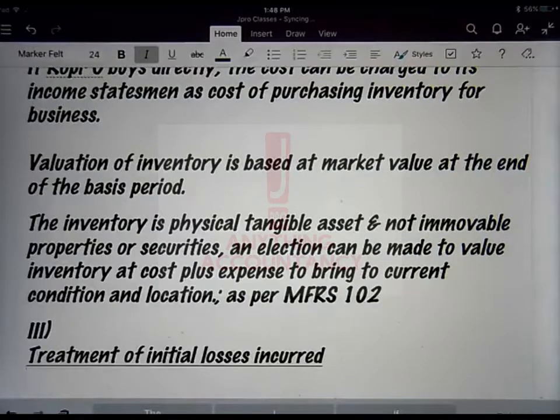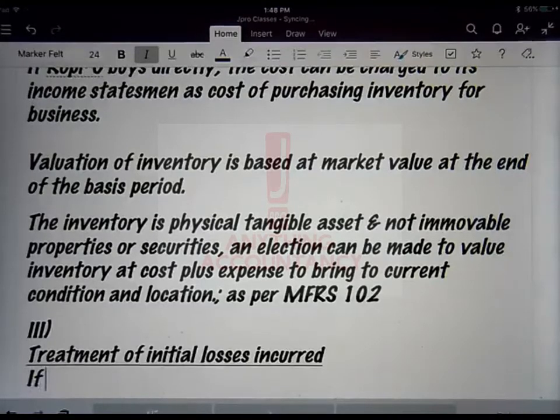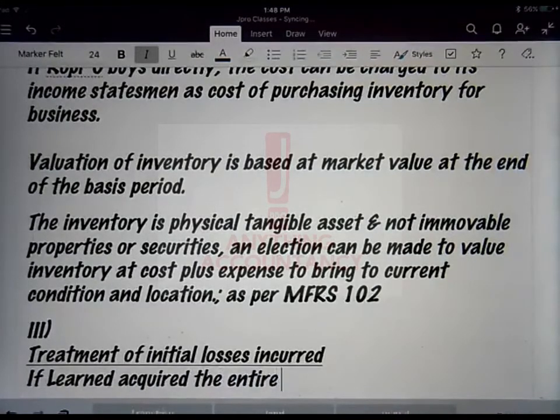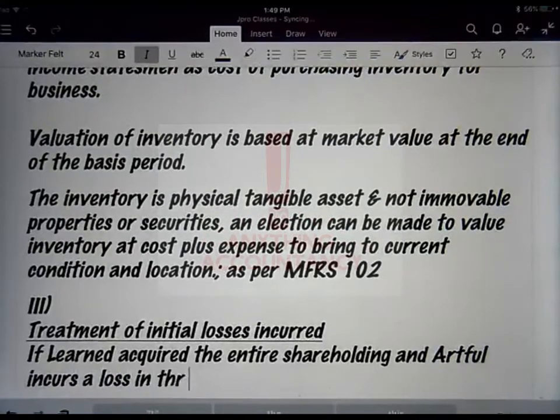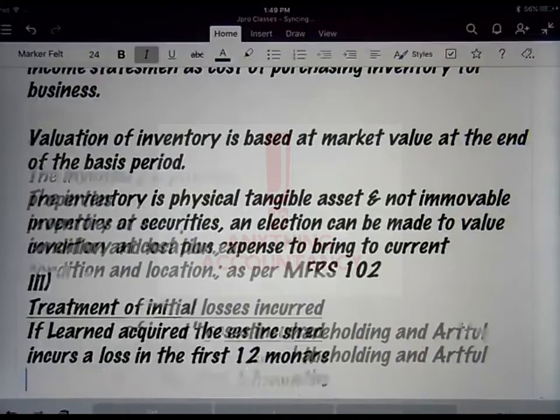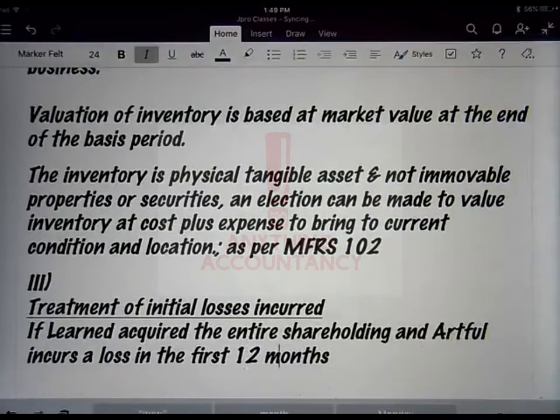Okay, so how? The first 12 months. What can you do with this loss?